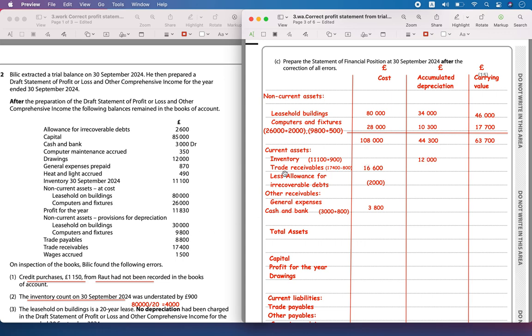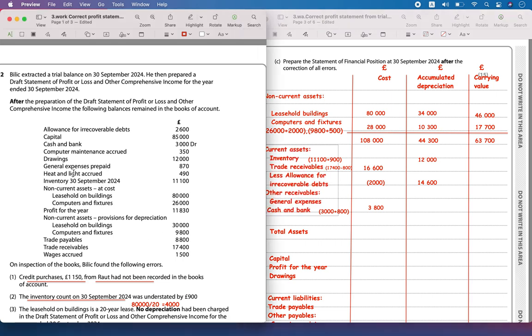So the first one is the inventory value, which we have put, trade receivables and this one. So let's calculate this value. 16,600 minus 2,000, that is 14,600. Okay, so that was 14,600. General expenses.